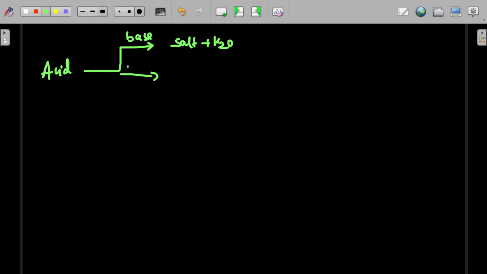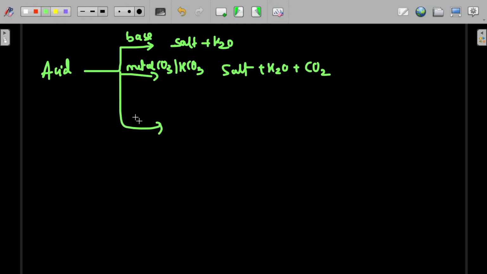With metal carbonate or bicarbonate, we get salt, water, CO2. With metal sulfite, SO3, or bisulfite, HSO3, we get salt, water, SO2 gas.